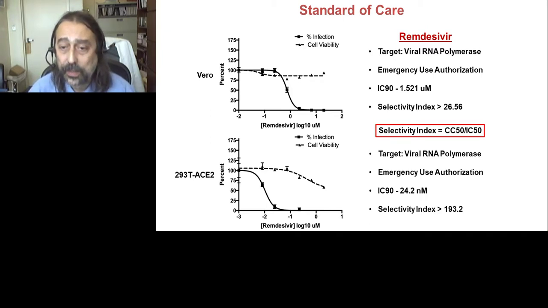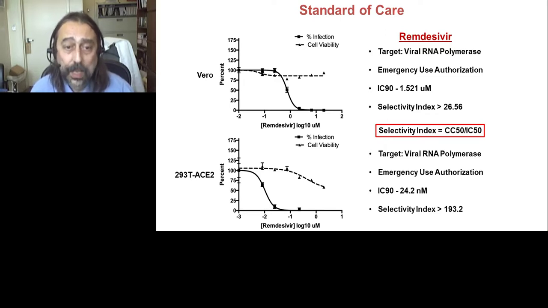In the discontinuous line, you see the cytotoxicity of the drug at different concentrations, which in the case of remdesivir is not cytotoxic. The cells tolerate remdesivir well. That's good news. And in the solid line, you see the extent of viral replication.